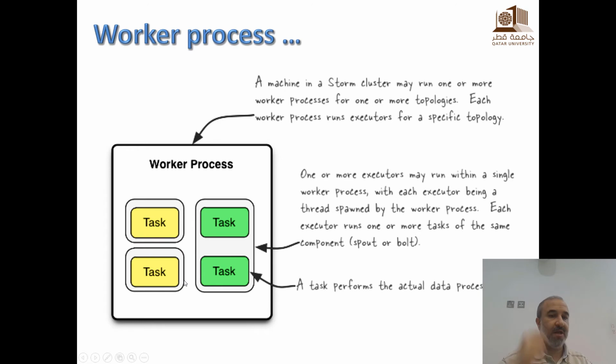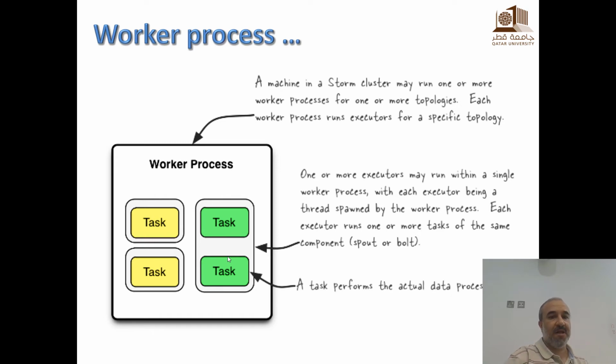Within that topology, it might run one executor for that bolt, another executor for the same bolt, a third executor for another bolt or spout. Okay? And that one, for example, has two tasks. Okay, so you see now the structure of the cluster, and of course this is one worker process within a worker node. And in the cluster, of course, we have multiple nodes. Okay?